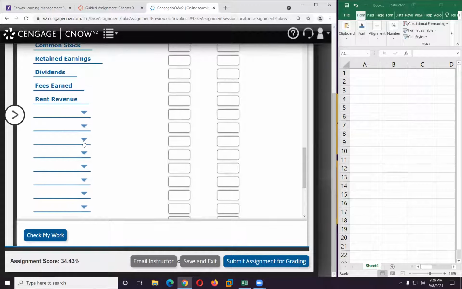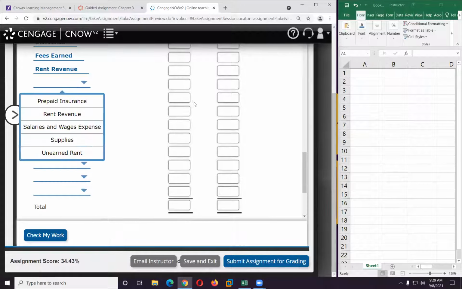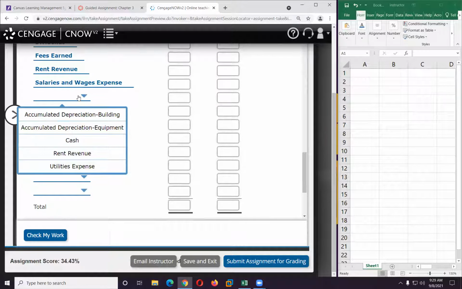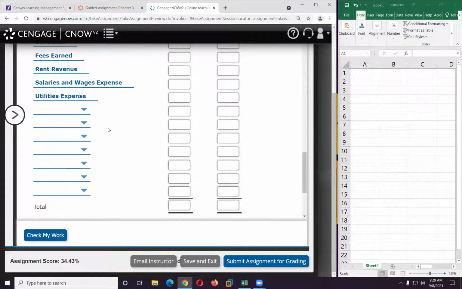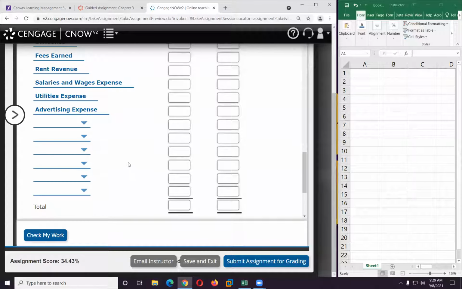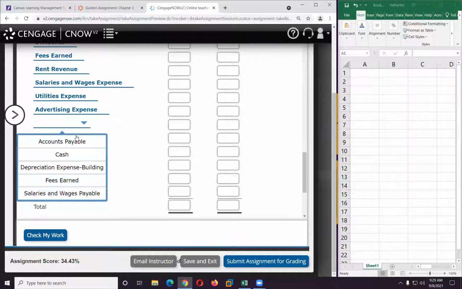if you do the drop down, there's only one expense offered in each of the lists. So salaries and wages expense, followed by utilities expense, followed by advertising expense. And I have no idea how they chose the order for this problem.